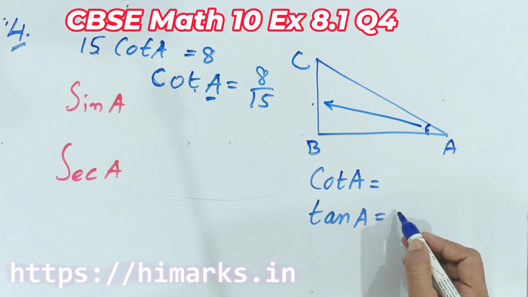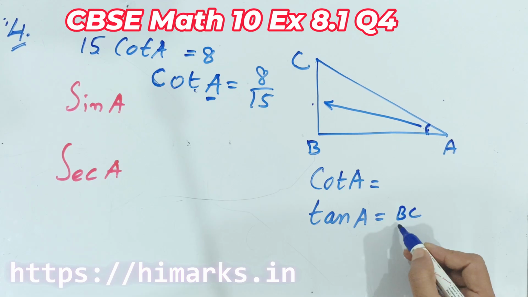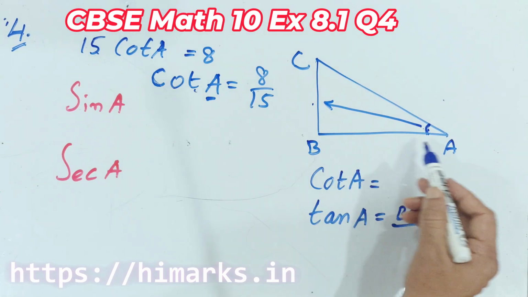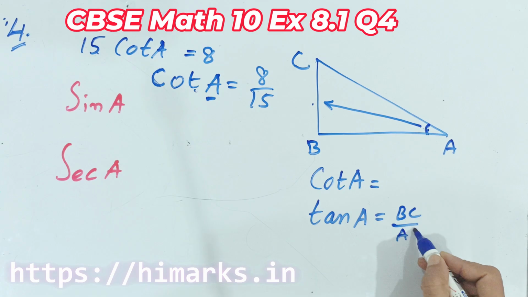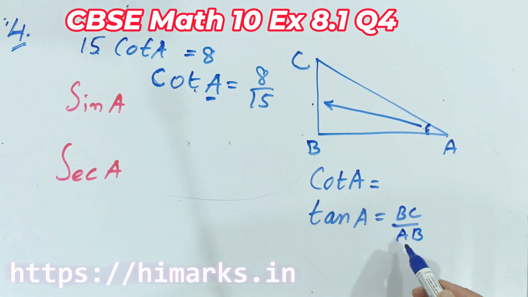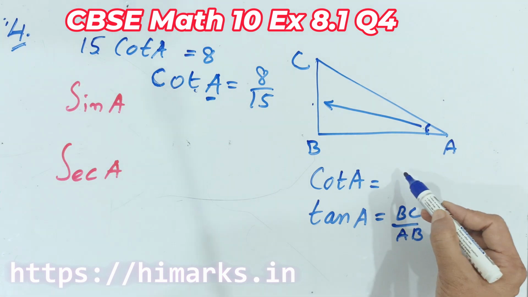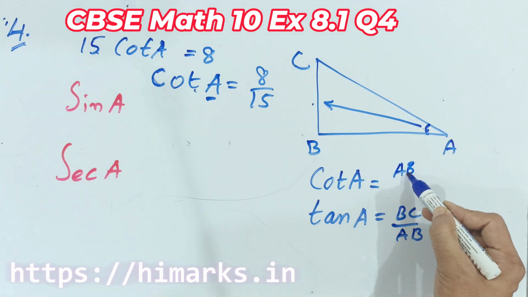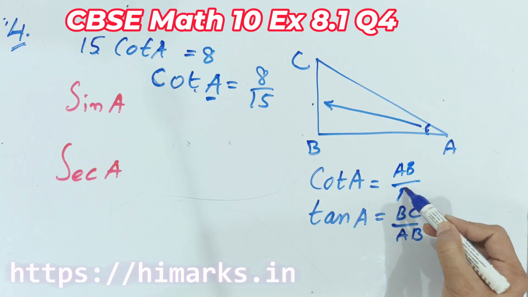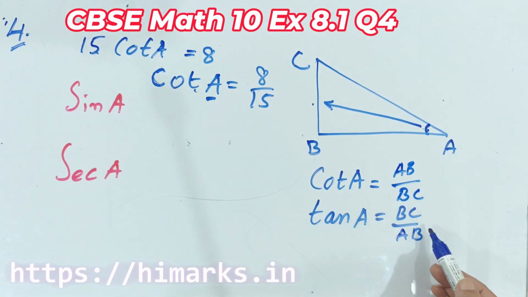So for tan, height is BC by AB, height by base, correct? So for cot A, it will be the inverse of that. That means AB by BC. If you forget, remember tan, and from there you find this one.